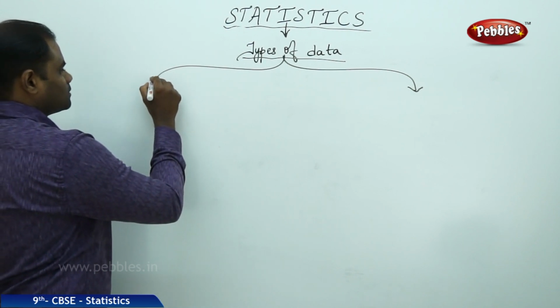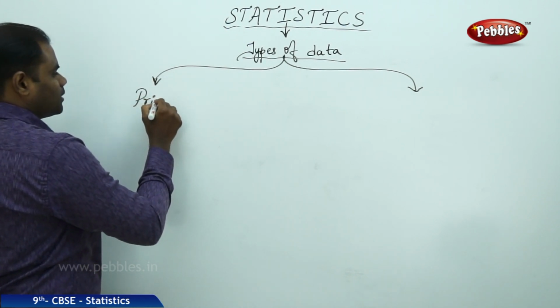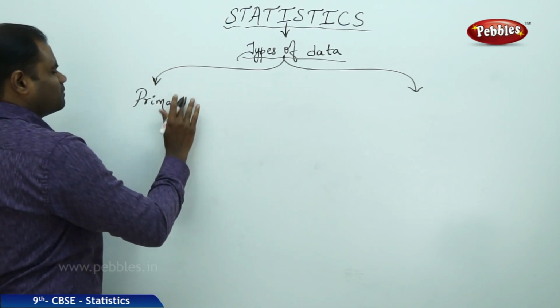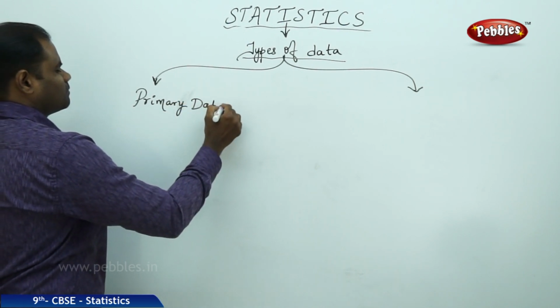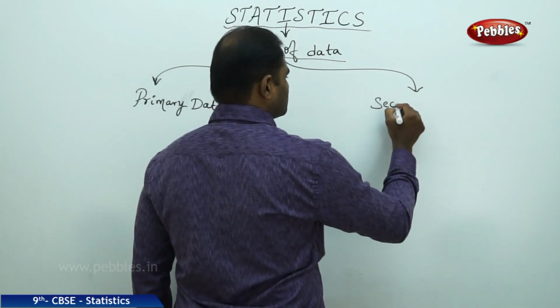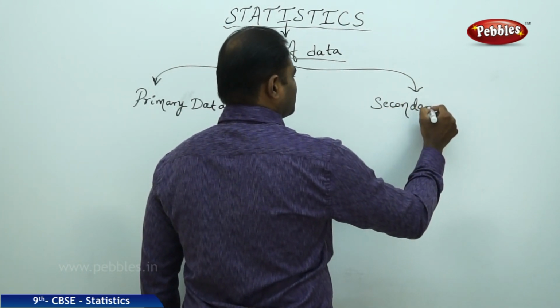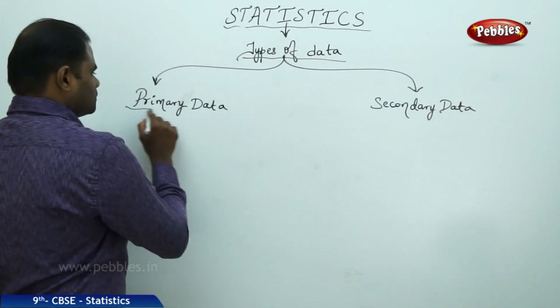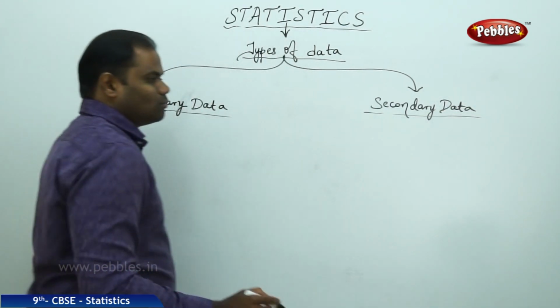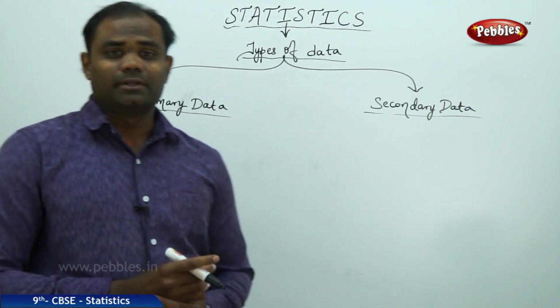One is primary data, the other is secondary data. So what is primary data and secondary data?